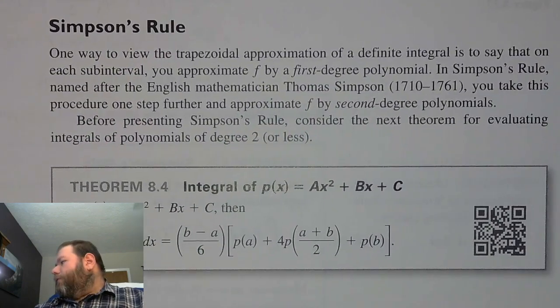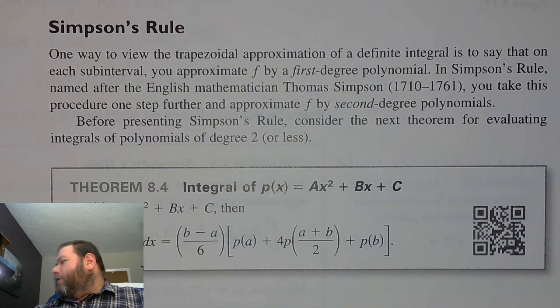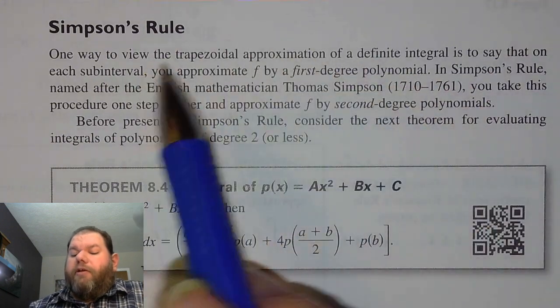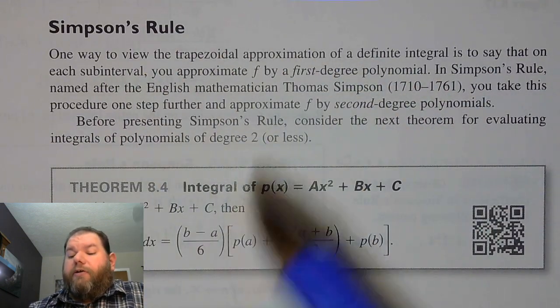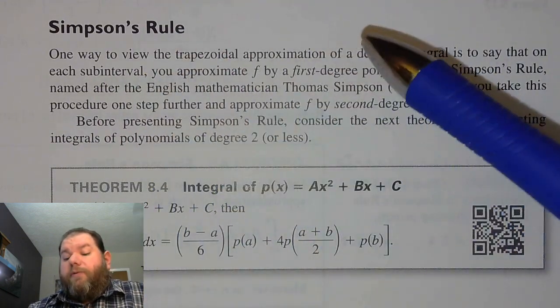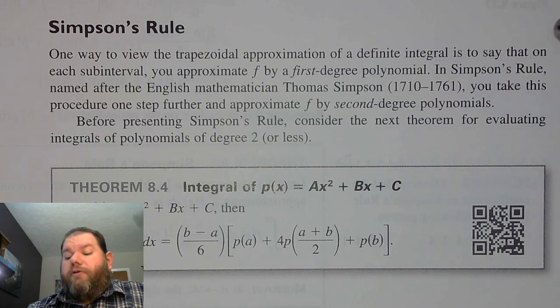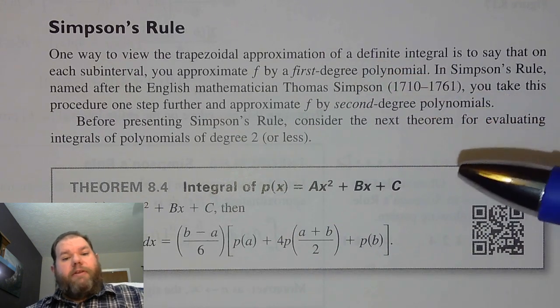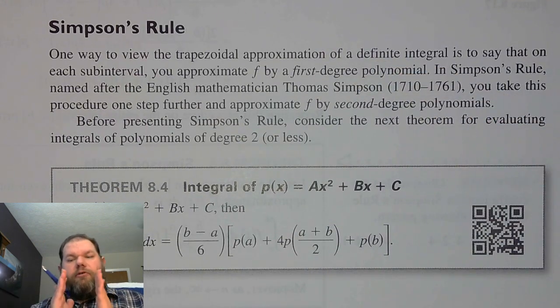The idea of Simpson's rule, and this is the explanation the book uses right here. One way to view the trapezoidal approximation of a definite integral is to say that on each subinterval we're approximating f by a first-degree polynomial, meaning that at the top of our little box we have just that one diagonal, which makes it a trapezoid.